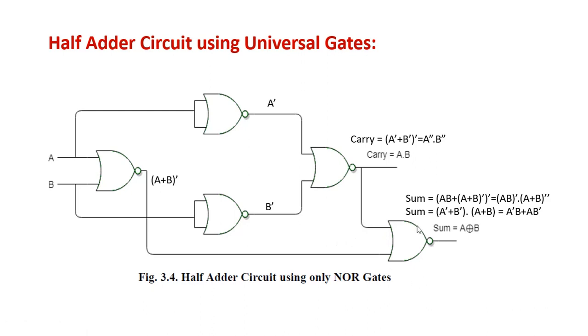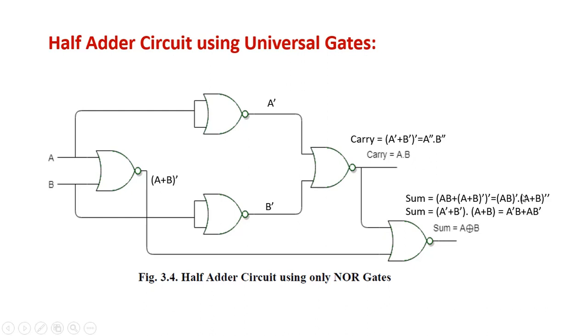So using NOR, this will be equivalent to XOR. You can see from here, AB is coming, then A or B bar, and this whole bar, because we are using NOR gate. When you simplify it, you apply De Morgan's theorem: break the line, change the sign.